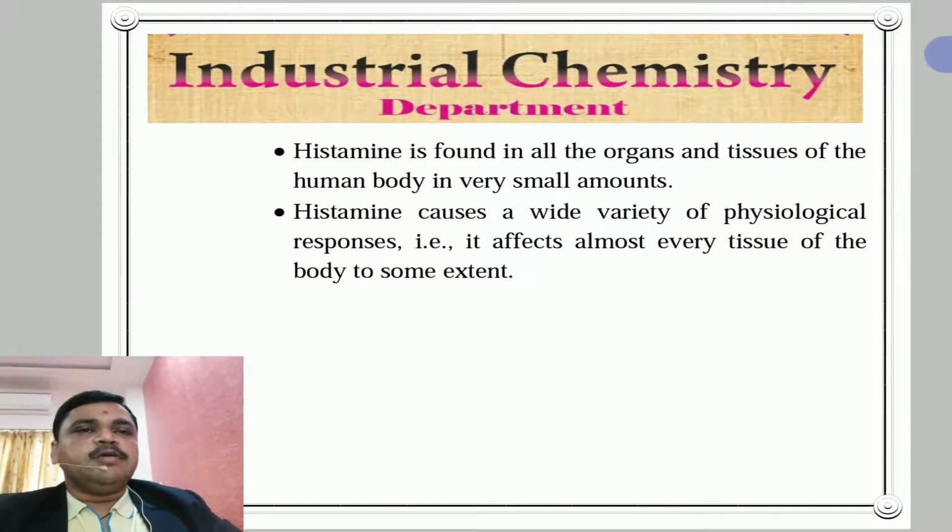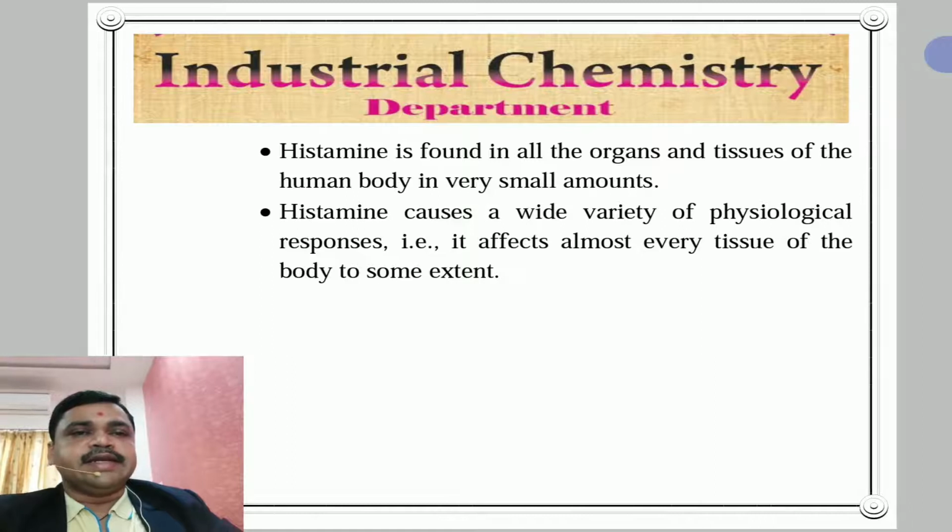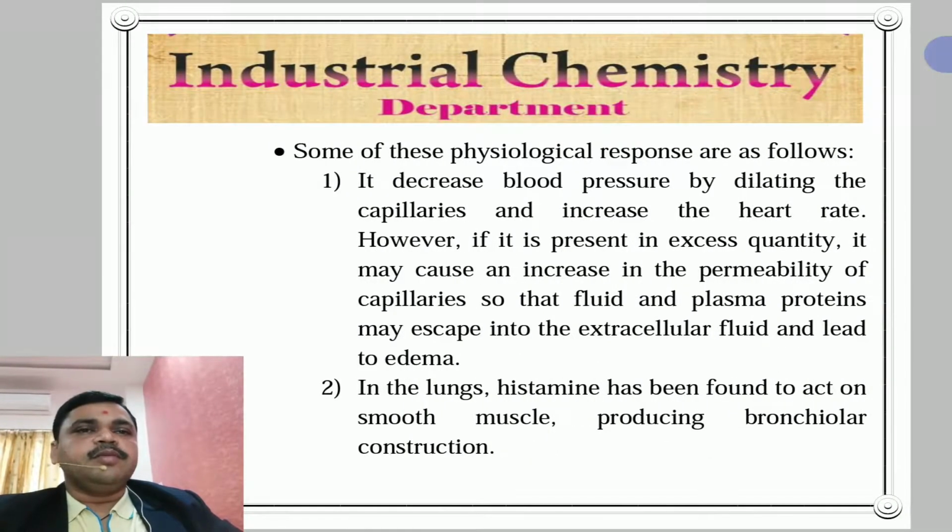Histamine is found in all the organs and tissues of the human body in very small amounts. Histamine causes a wide variety of physiological responses; that is, it affects almost every tissue of the body to some extent. Some of these physiological responses are as follows.